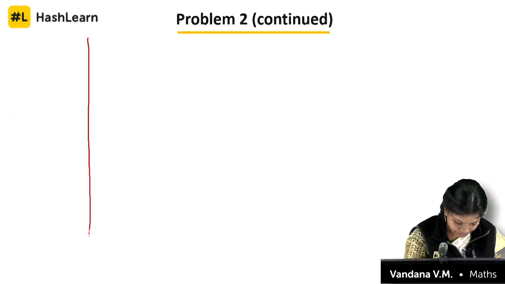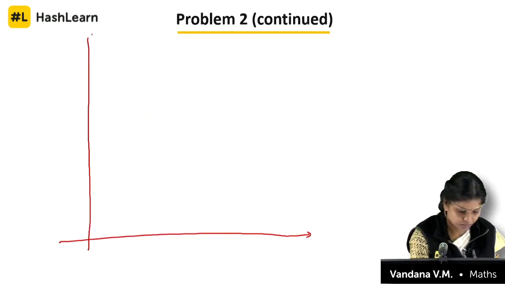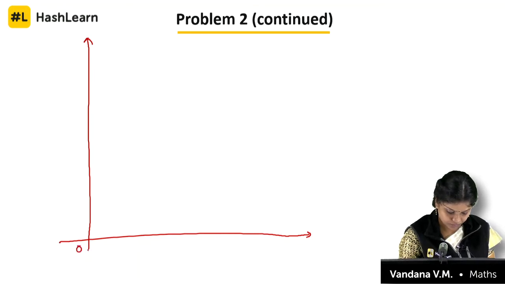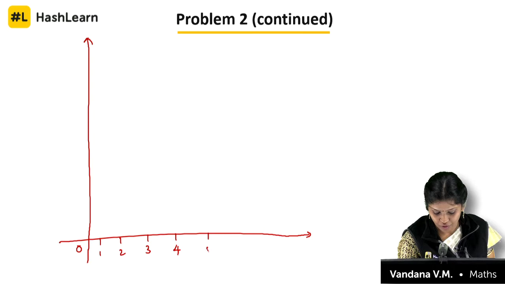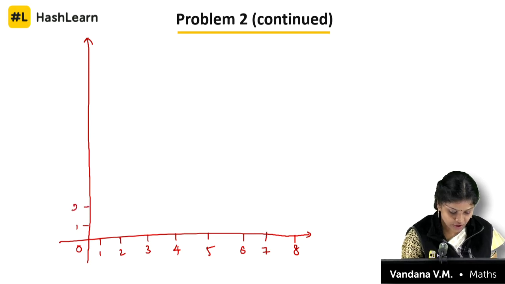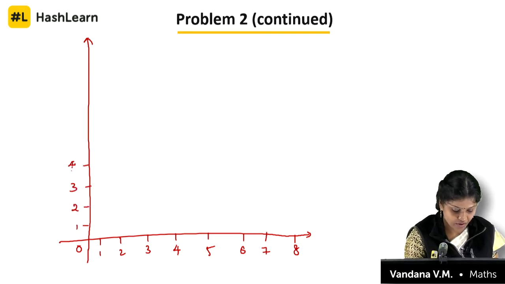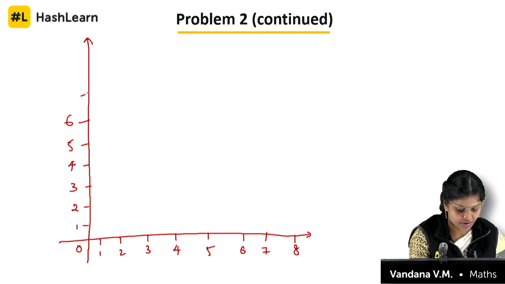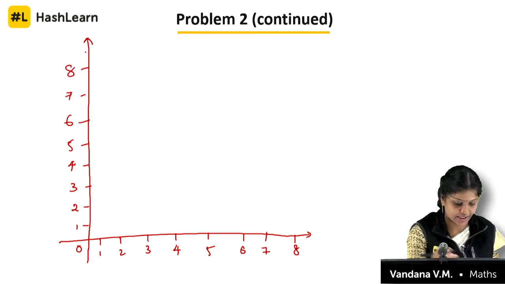So, draw the graph. 1, 2, 3, 4, 5, 6, 7, 8. That is the maximum value. 1, 2, 3, 4, 5, 6, 7 and 8.